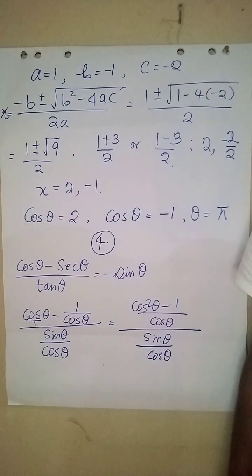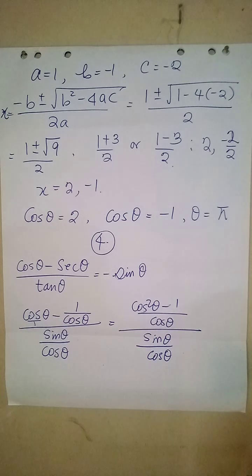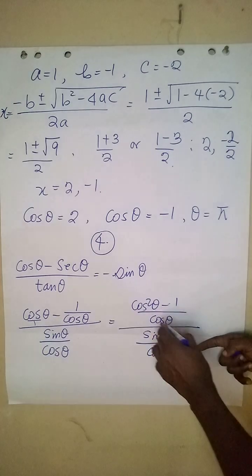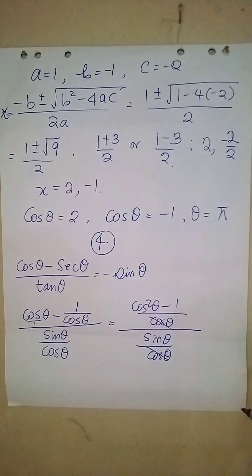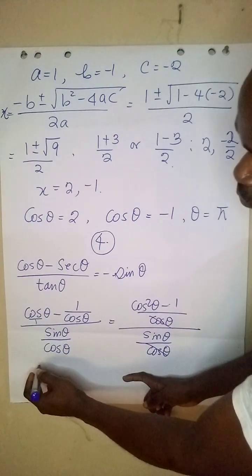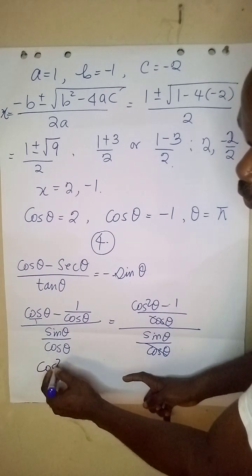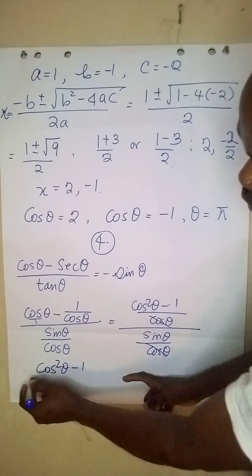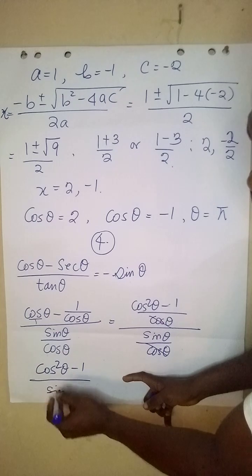Sorry, this looks awkward at the moment, but we have to bear with it. This will cancel out as common denominator. And what we're going to have left here is simply cos square theta minus 1 divided by sine theta.